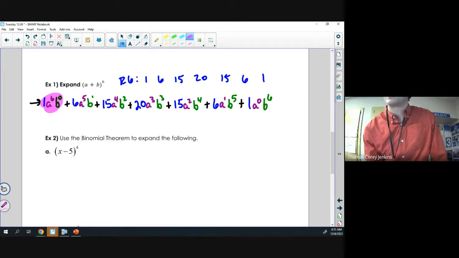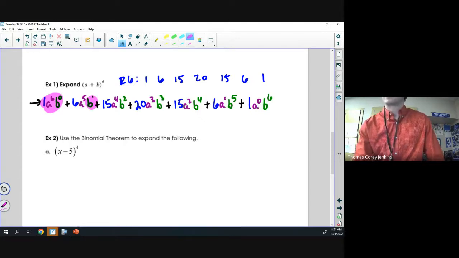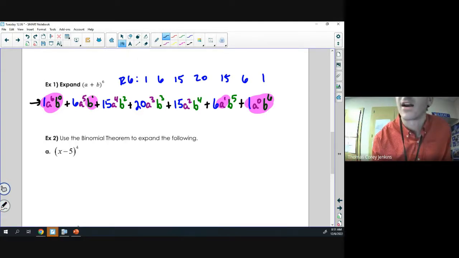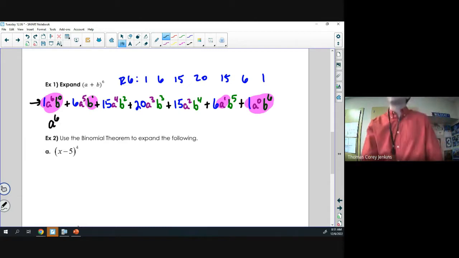Anytime you have a 1 coefficient or something to the power of 0, we could clean that up a little bit. The ones in the middle are pretty clean. We could clean up that, and then that. As far as how you would type them, our first term would just be a to the 6. That's it. You have 1 times a to the 6.